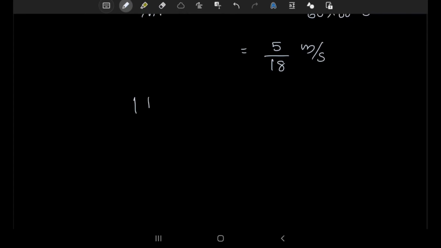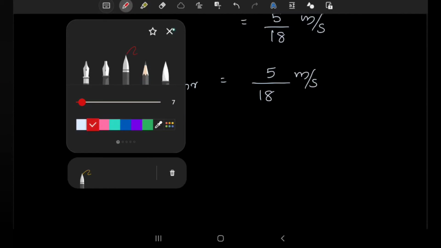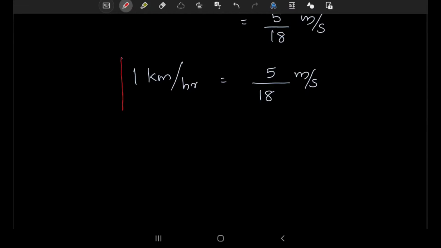So in our problems, we can convert kilometer per hour into meter per second by multiplying with 5 by 18. One kilometer per hour is equal to 5 by 18 meter per second.